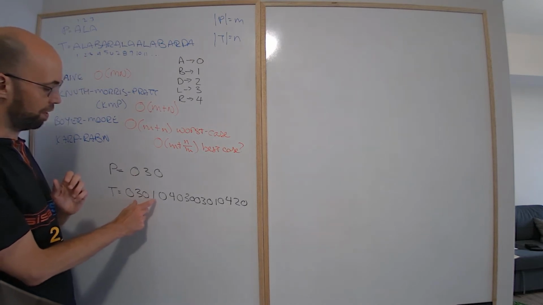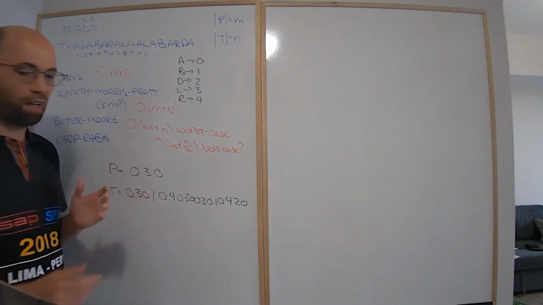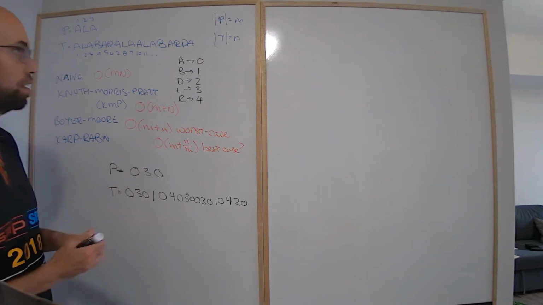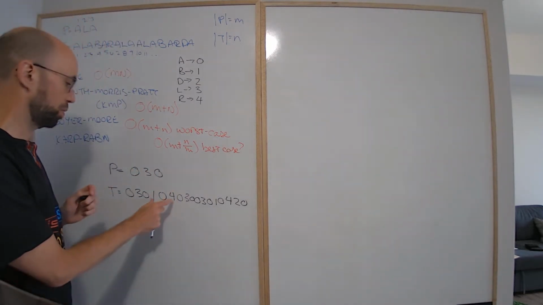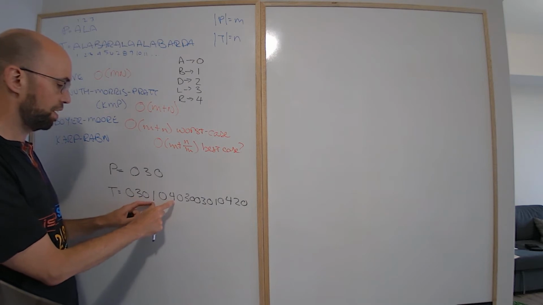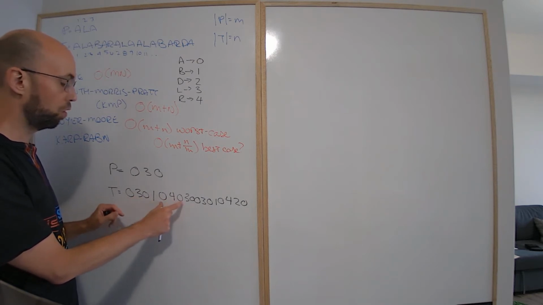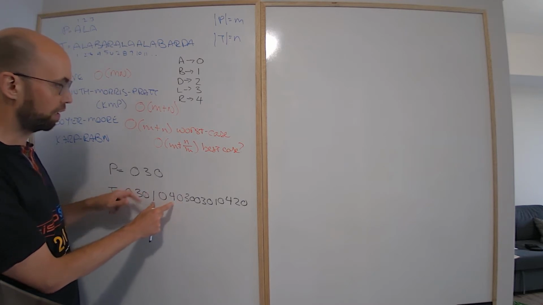Well, notice that when I do this sliding along, say you have some number here, and now you want to change it from 104 to 040. What are we actually doing?